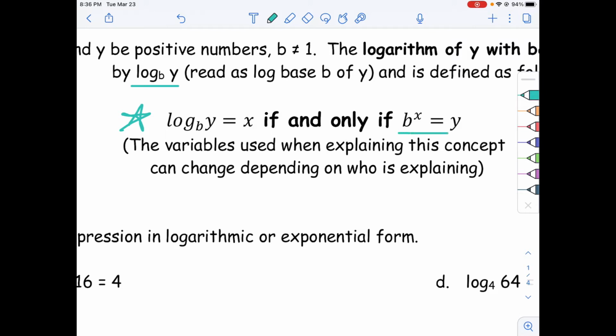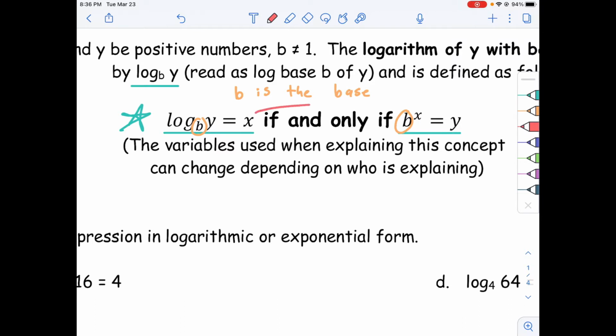So the whole idea is looking at what is the relationship between this equation and this equation. You should first notice that the b in both of these cases is the base. So b is the base. Whether it's a log or it's an exponent, the b value is exactly the same.